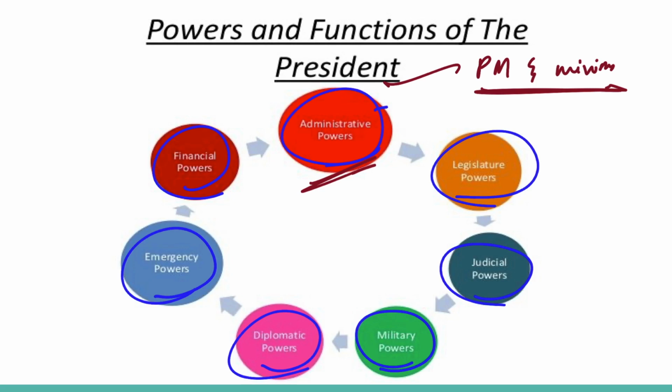He can also appoint any member of Lok Sabha to preside over its proceedings when the offices of both Speaker and Deputy Speaker fall vacant. Similarly, the president can appoint any member of Rajya Sabha to preside over its proceedings when the offices of both the chairman and deputy chairman fall vacant. The president nominates 12 members of the Rajya Sabha who have special knowledge or practical experience in literature, science, art and social service.